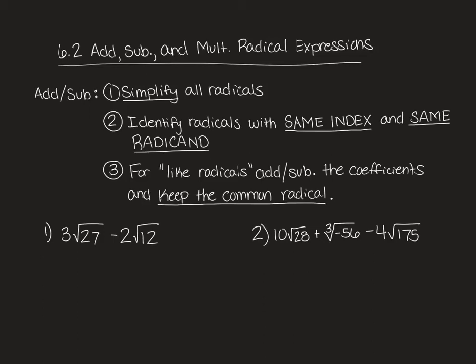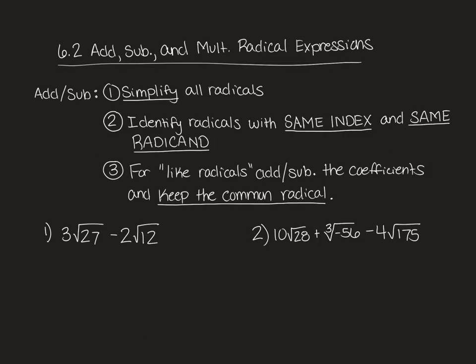In this video, we're going to talk about adding and subtracting and multiplying radical expressions. Whenever it comes to adding and subtracting radicals, it's the same concept as adding and subtracting variables, like terms. We have to have the exact same radicand and the exact same index.